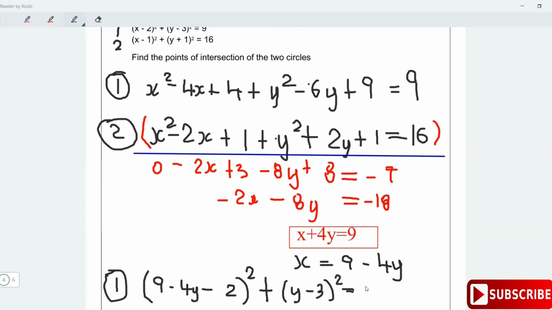I plugged it in equation 1. You could have plugged it in equation 2. And you didn't have to plug it in this form. You could have plugged it in this as well, because this is the same general form.